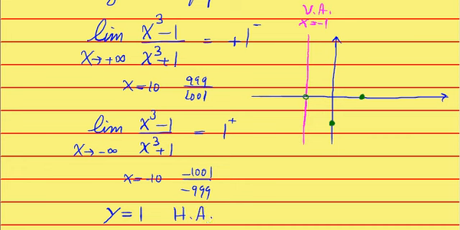Let's just go ahead and draw that. So I draw here, suppose this is 1. So y equals 1. That is our horizontal asymptote.